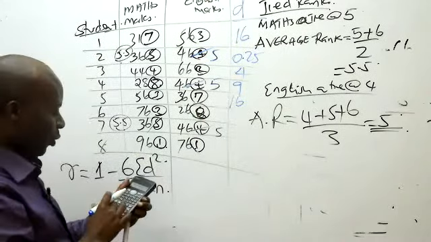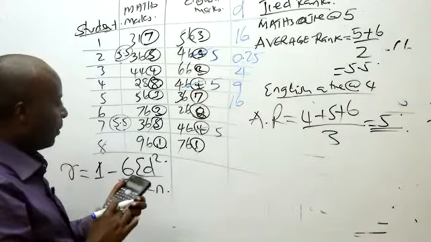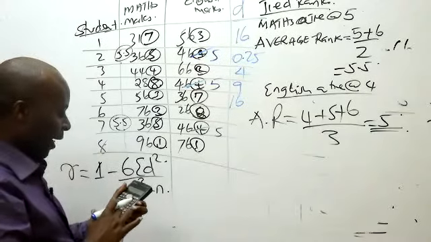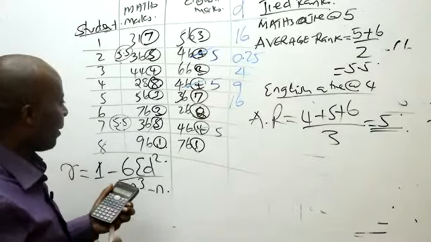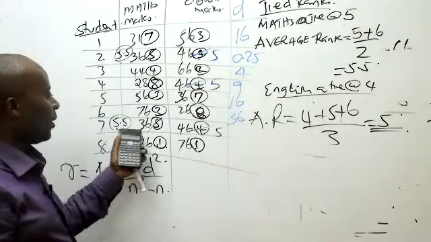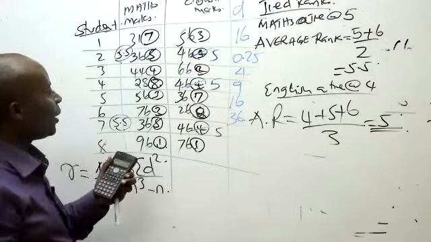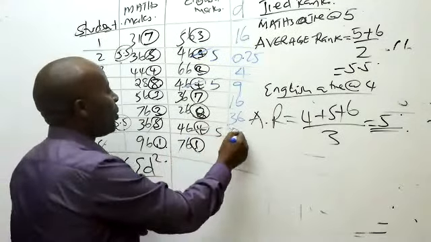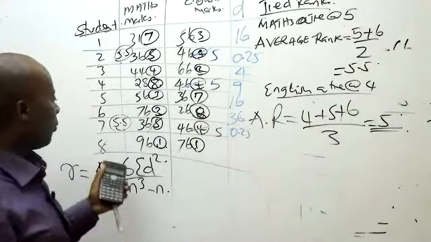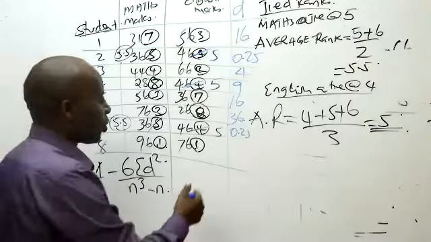From there we have 2 minus 8, giving me minus 6. So squared, 36. From there, ladies and gentlemen, we have 5.5 minus 5, just like the other one. It will end up giving us 0.25. Then we have 1 minus 1, that gives me 0. 0 squared gives me 0.